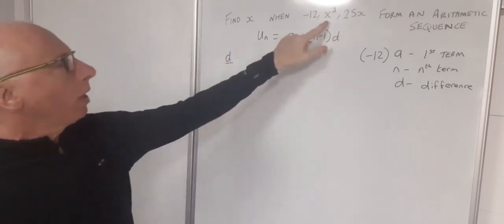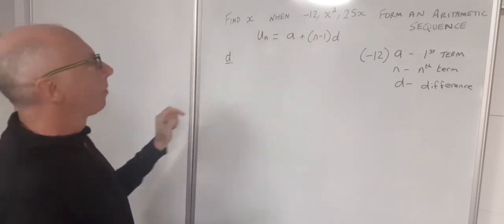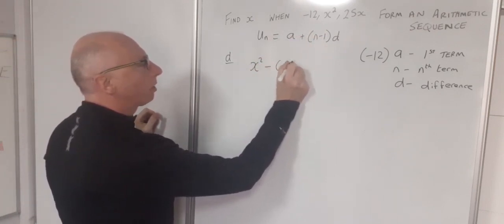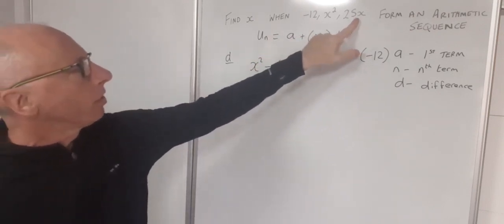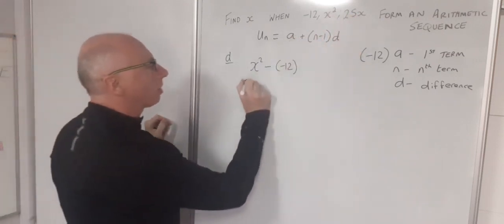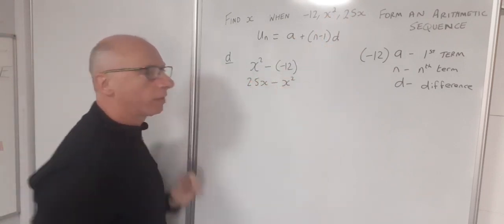So we've got x squared minus 12 as the first difference. And then we've got another difference, from x squared to 25x, so 25x minus x squared is another difference.